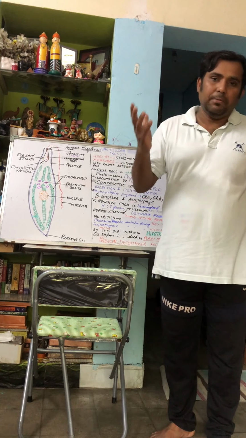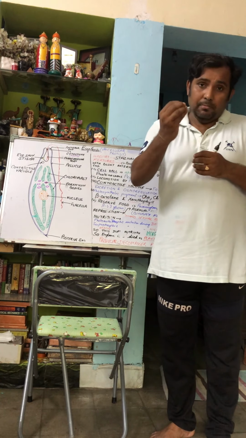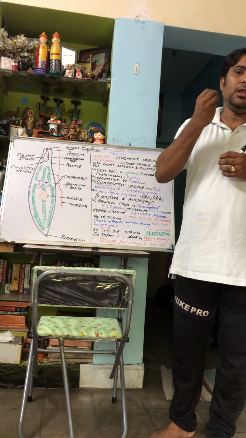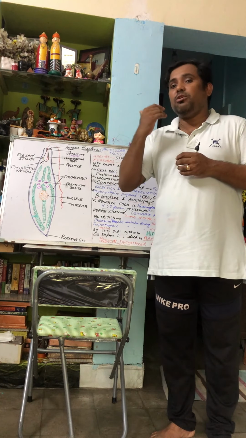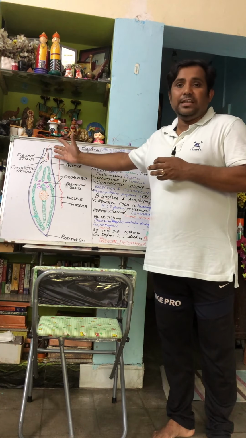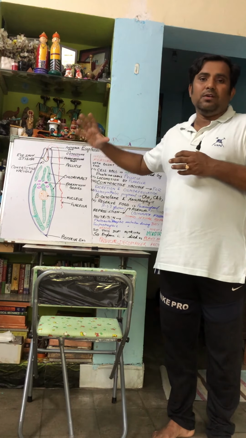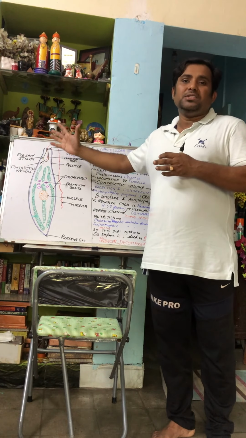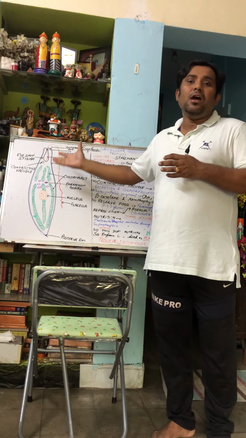When conditions are favorable, it carries out binary fission, mainly known as longitudinal binary fission. But when conditions are not favorable, it loses its flagella. It can be covered by a cyst-like covering, or it can undergo a very specialized stage known as the Palmella stage and remain there until favorable conditions arrive.